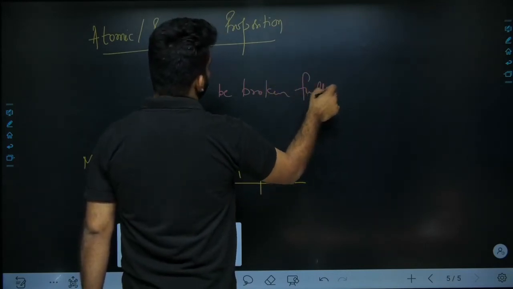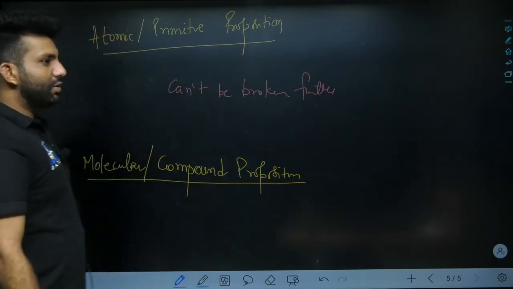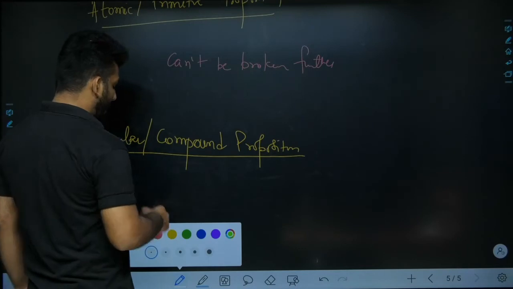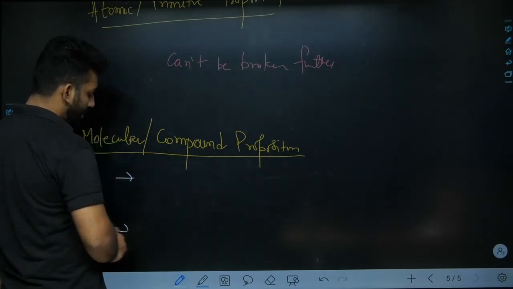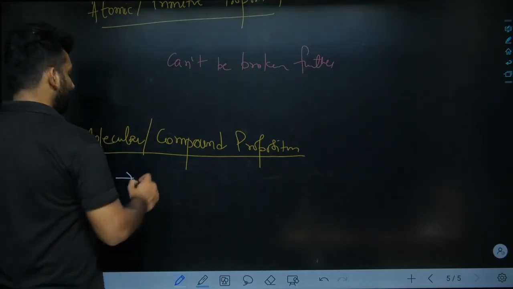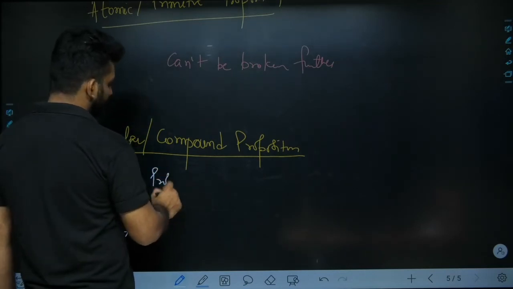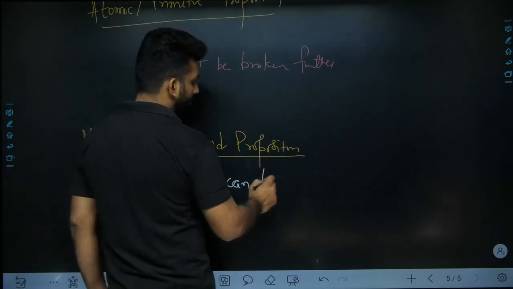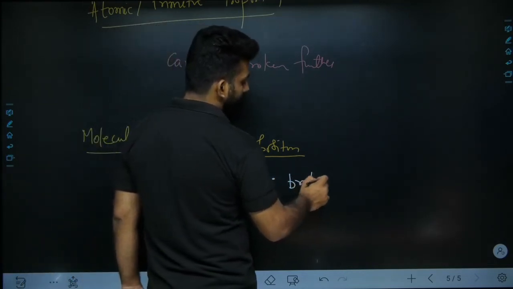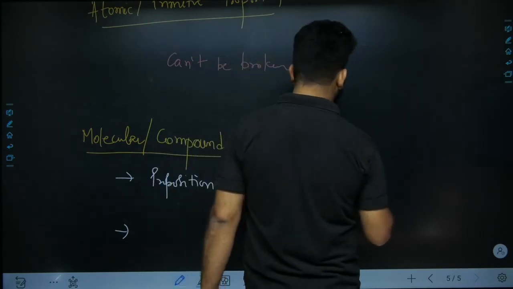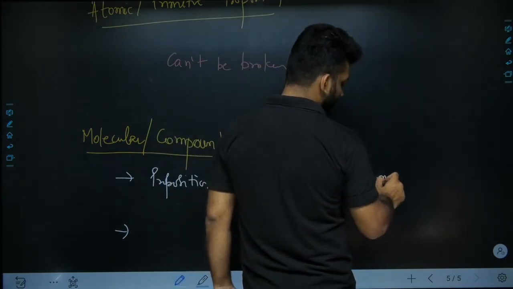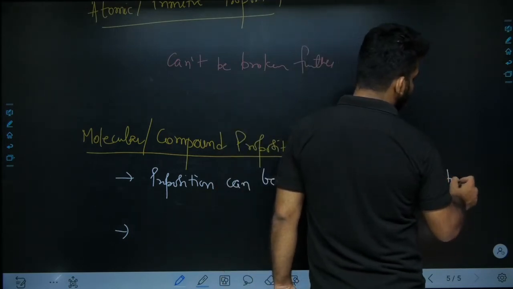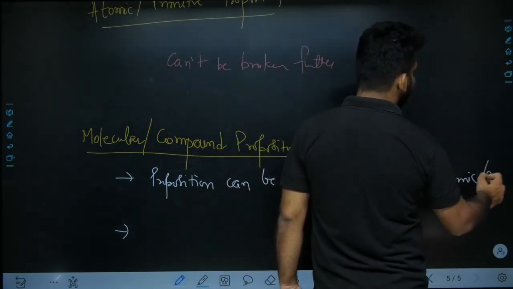What does it mean when I say broken? This will be clear when I discuss molecular or compound propositions. I can give you two statements. One is when a proposition can be broken into multiple atomic or primitive propositions.